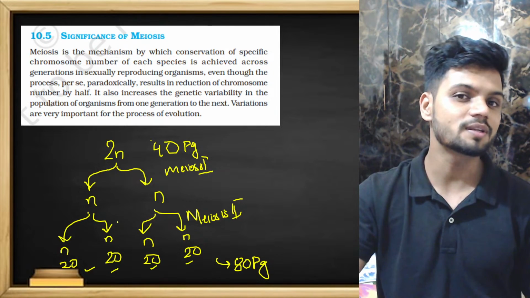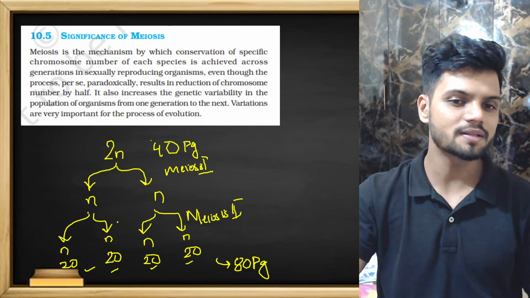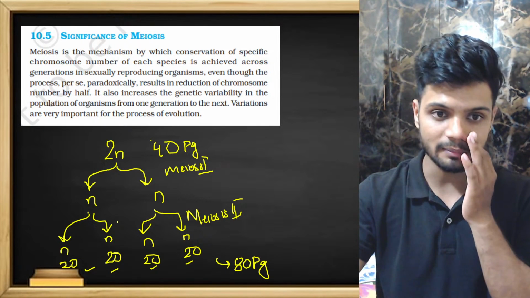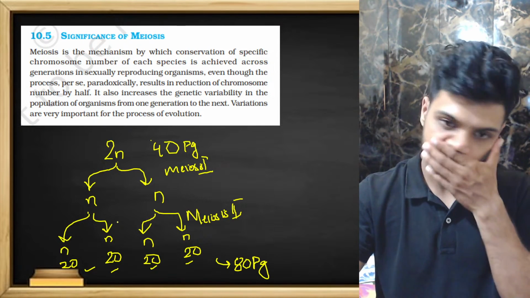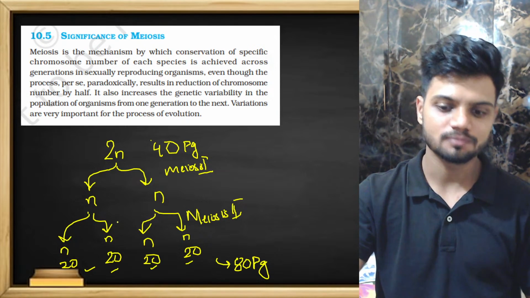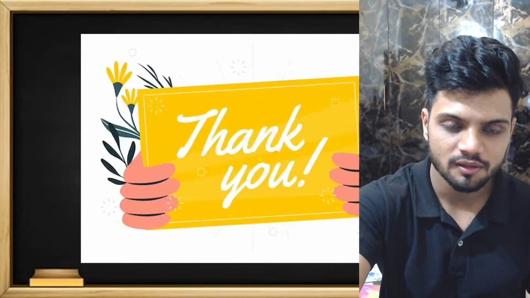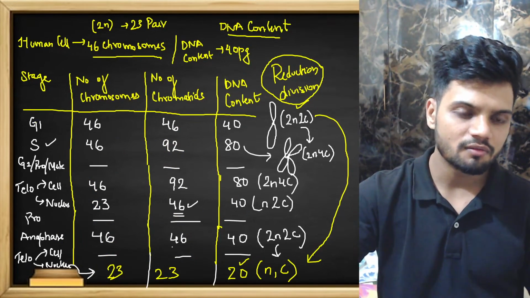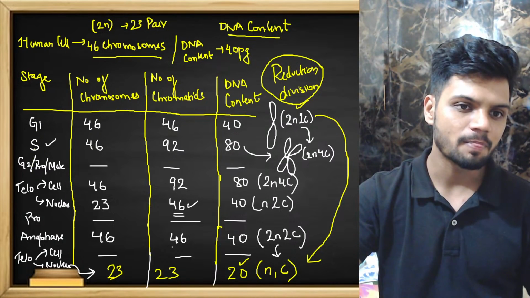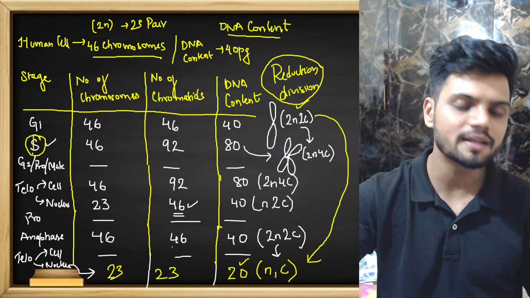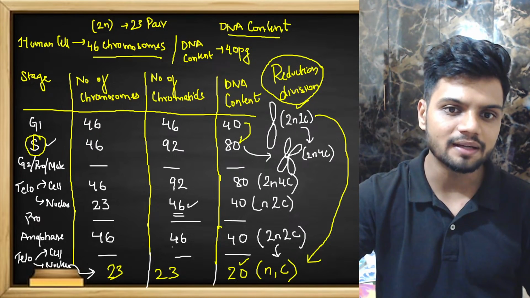What is happening here, students? Why doesn't it make sense? Can anyone tell me why it is not making sense? Because if you look back at this table right here, when the cell cycle started, in the S phase, didn't the duplication of DNA happen? 40 became 80 here.